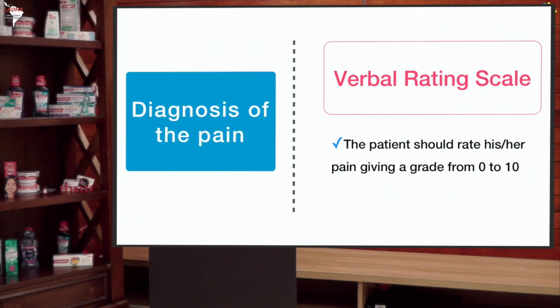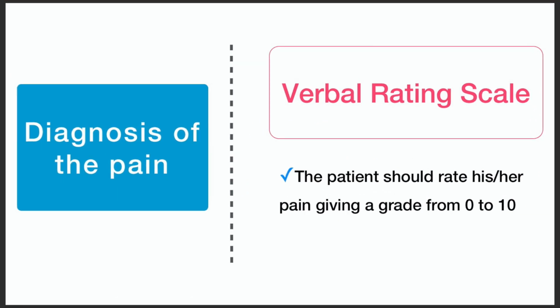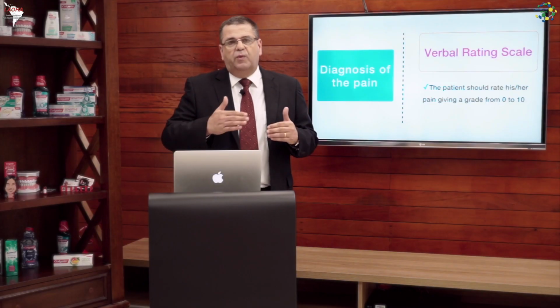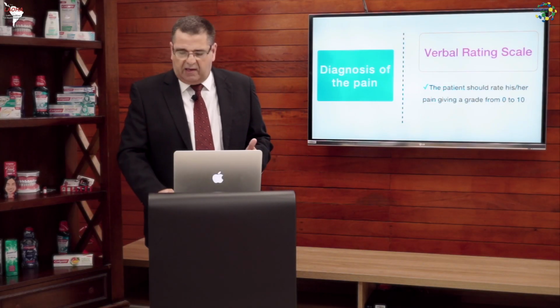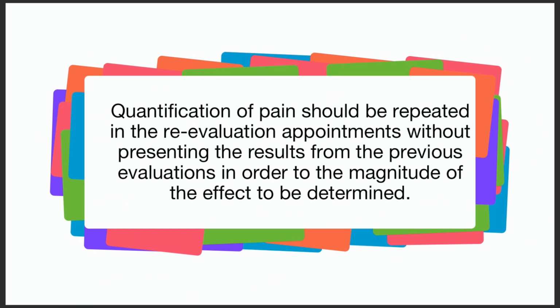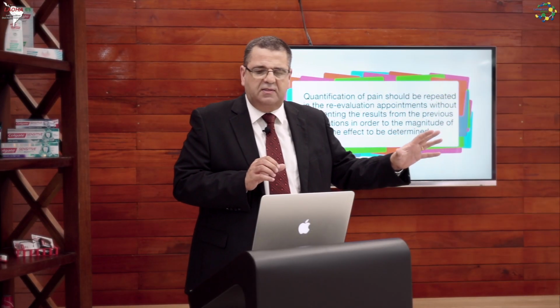Another form of quantifying pain is the use of the verbal rating scale, which means after the stimulus, the patients will rate his or her pain, giving a grade, for example, from 0 to 10. And after a while, after the application of some kind of treatment, we will do a quantification of pain again, without the patient having the records of the previous sessions.